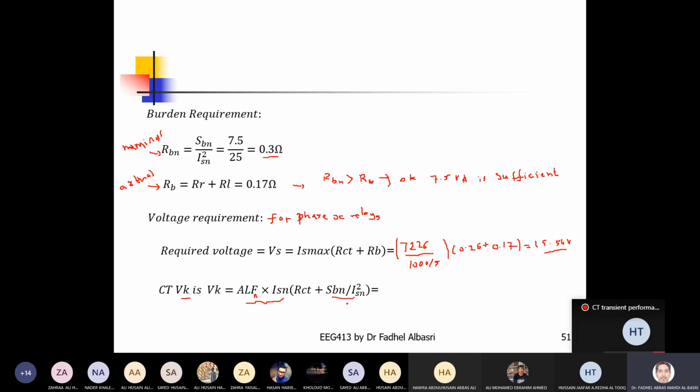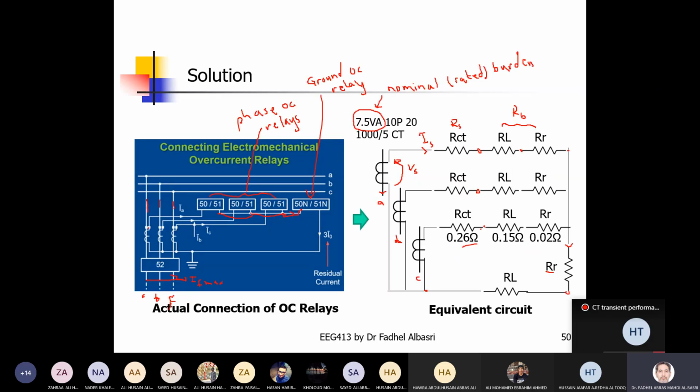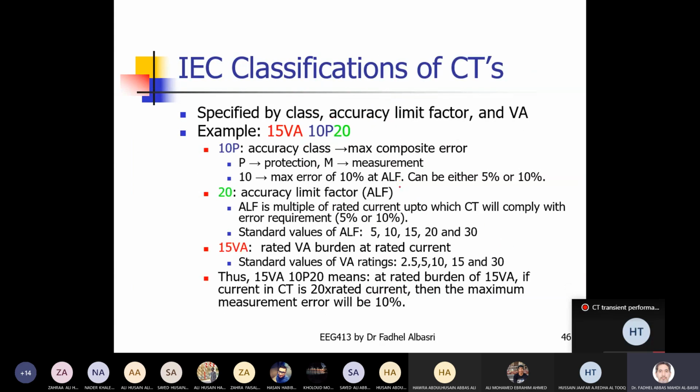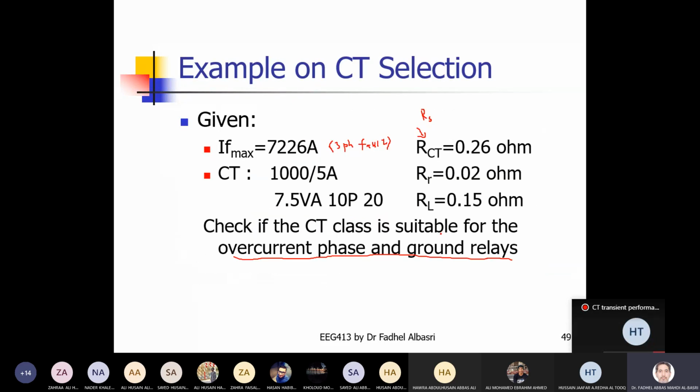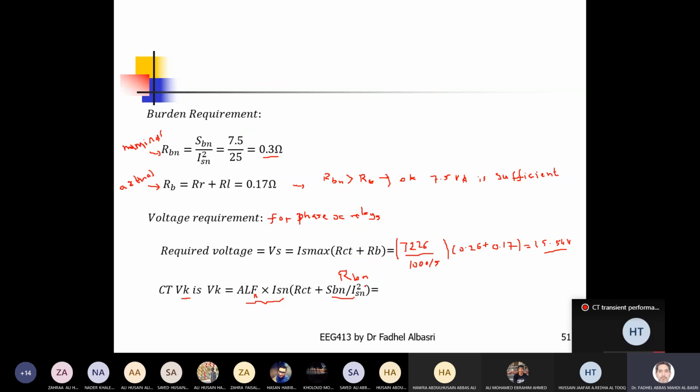So this is R burden nominal. Now R burden nominal in this CT is the same as I did here, which is volt ampere over I secondary squared. So it's burden nominal over I rated secondary squared.